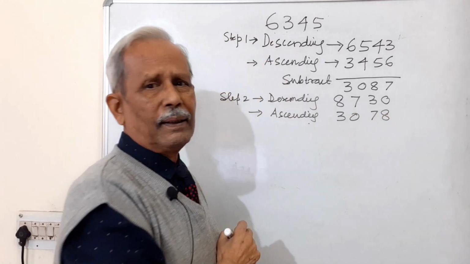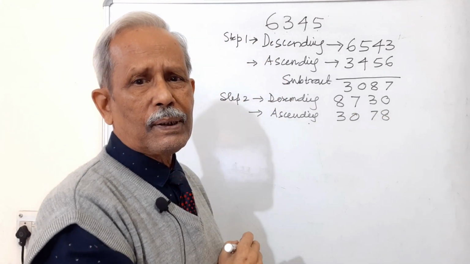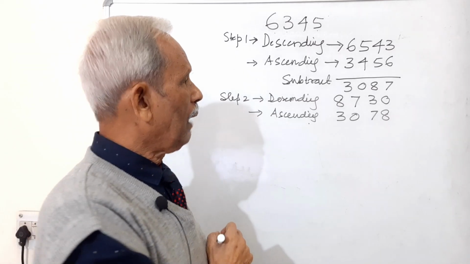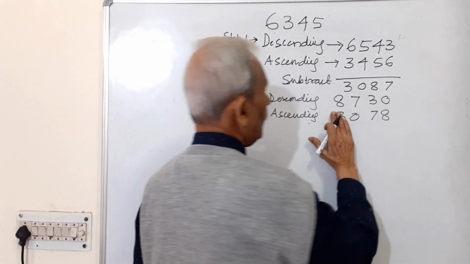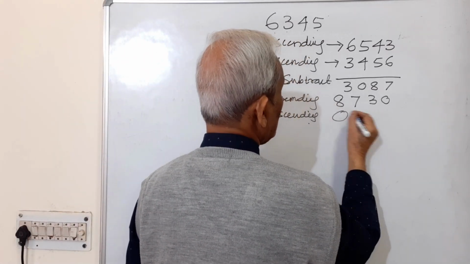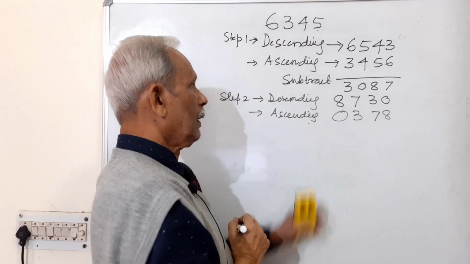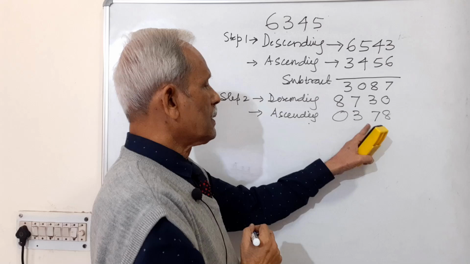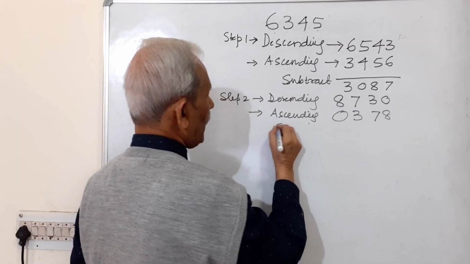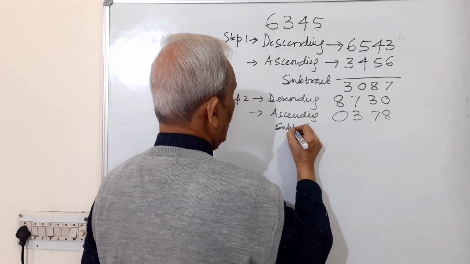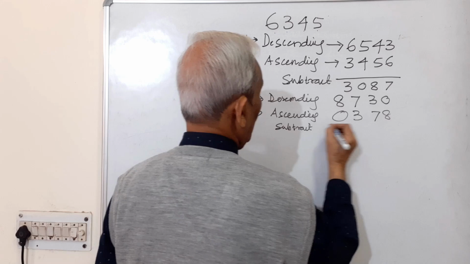Sorry, I am wrong, it should be 0 first: 0, the smallest, then 3, then 7, then 8. Now subtract. When you subtract it, how much do you get?